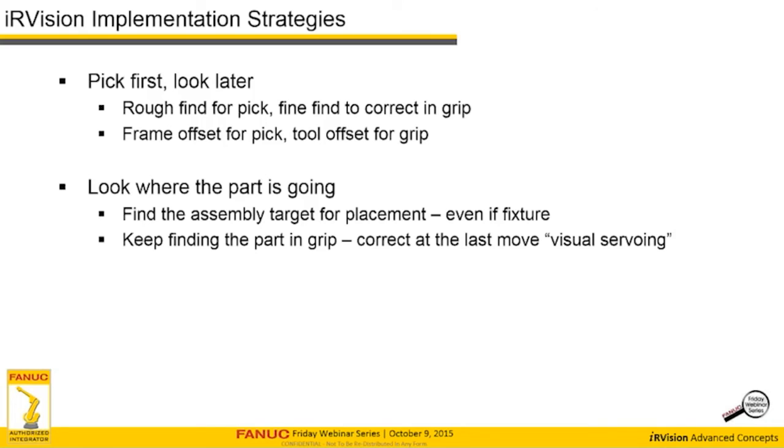And then place it and make the final small move to place it into its receiving location. We might call this visual servoing, although it's not really real-time visual servoing, but properly executed, it has a similar effect and can, again, very significantly increase the placement accuracy in a precision assembly application.